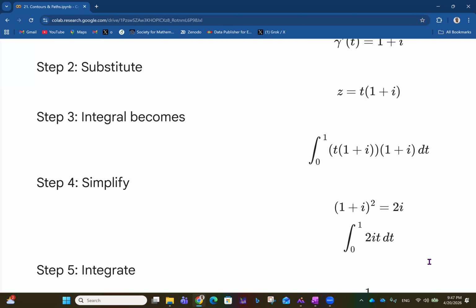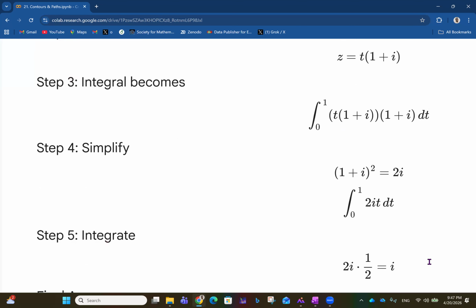So if we tidy all of that up by simplification, we have i plus 1 multiplied by i plus 1, so we have i plus 1 squared.